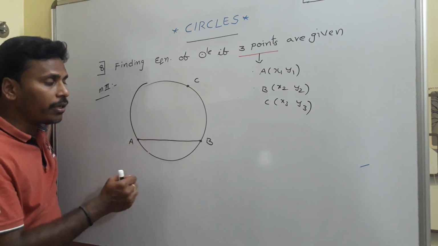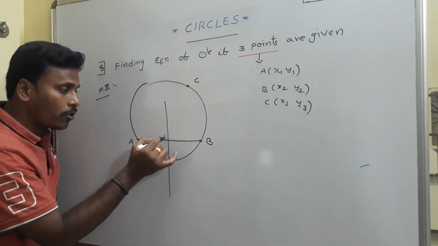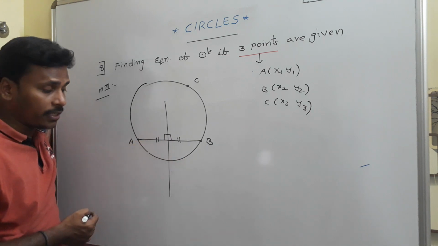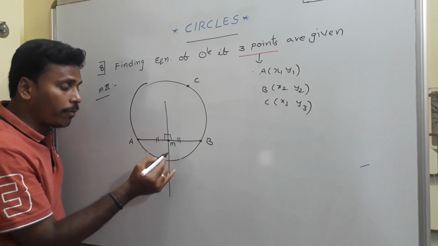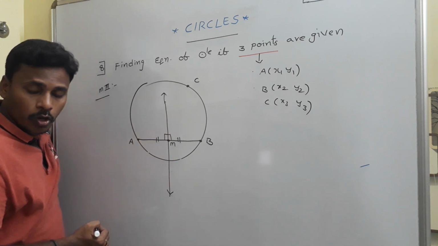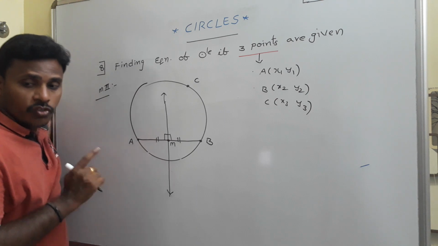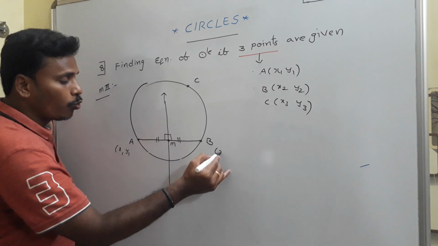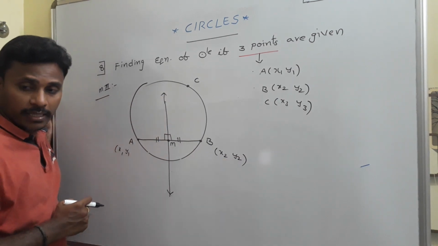And now for this AB, you just draw the perpendicular bisector. Okay, this is the perpendicular bisector. I think you all know about the perpendicular bisector. The perpendicular bisector passes through the midpoint of AB as well as perpendicular to AB. I think you all completed straight lines. In straight lines, if you have a point A (x1, y1) and B (x2, y2), you know the way of finding the equation of the perpendicular bisector.